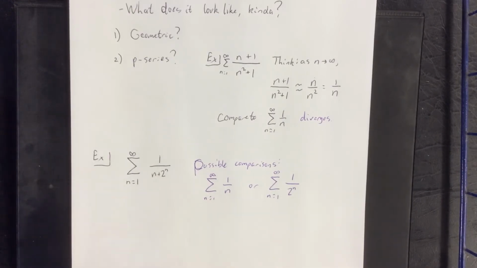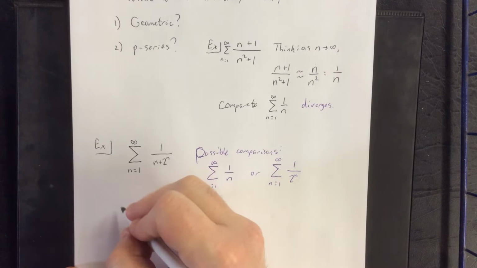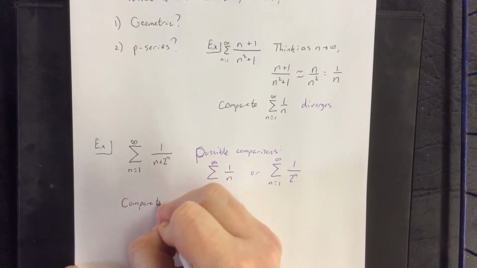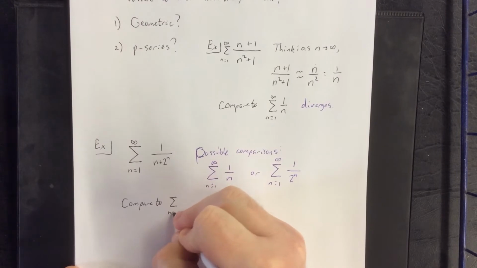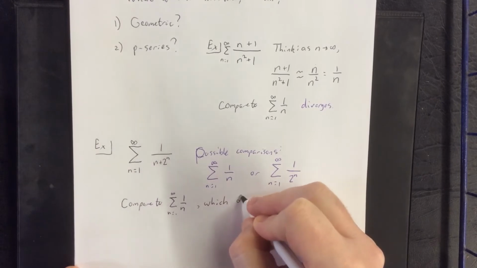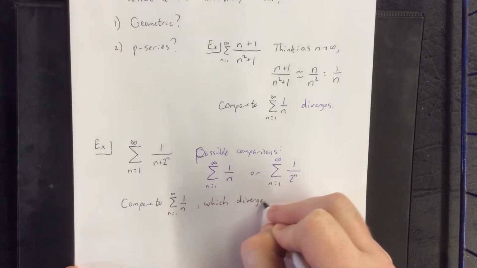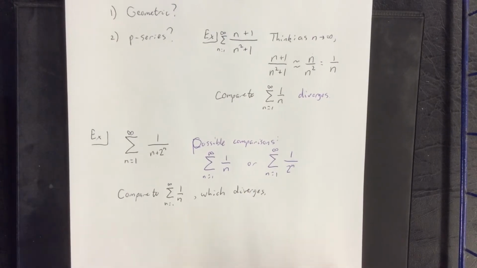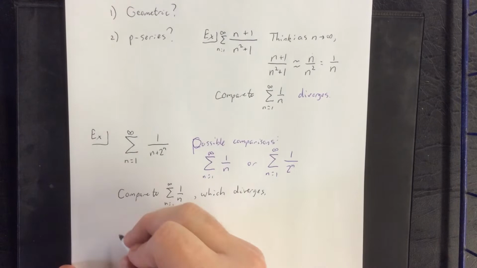With that in mind, let's try out the first one. Let's compare to the harmonic series, which we already know diverges. Now it's up to you to decide whether you'd like to use a direct comparison test or a limit comparison test.